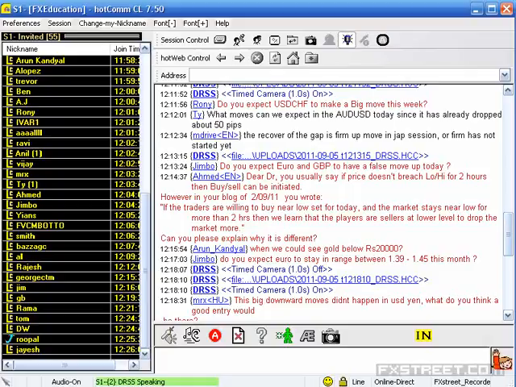Then Arun Kandyal asks when we could see gold below rupees 20,000. You are talking in terms of the Indian market. I explained it with regard to the international market, because traders from various countries are here, and if I give a local rate, they may not understand.